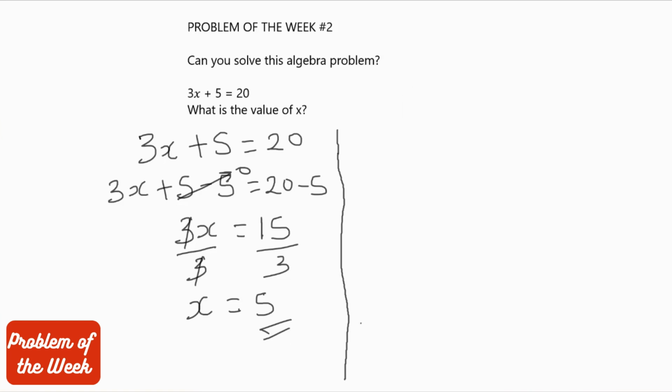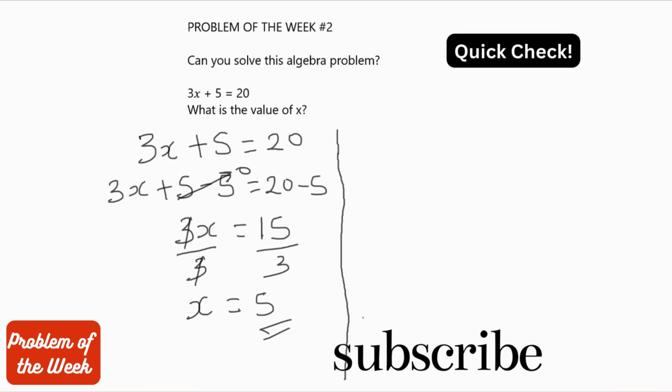Now, if you want to do a quick check to see if you are correct, you substitute x equal to 5 back into the equation.